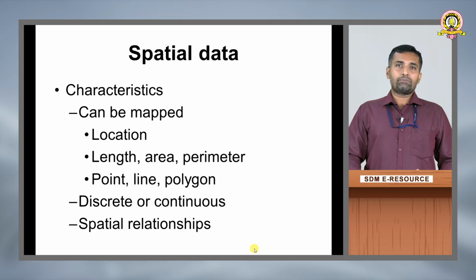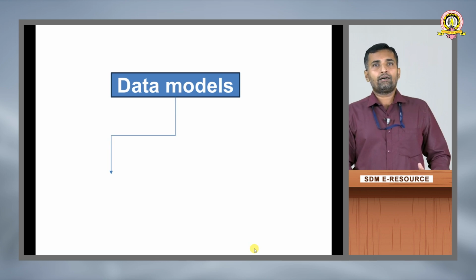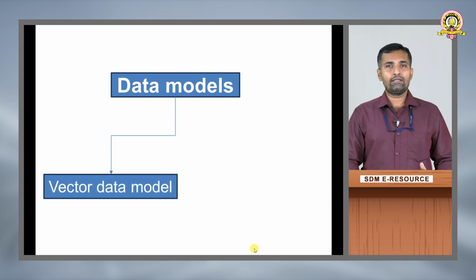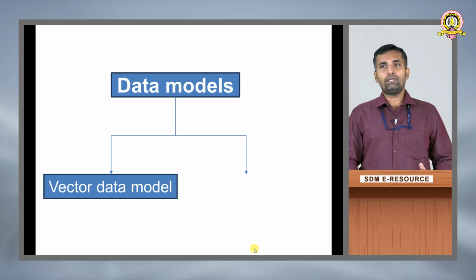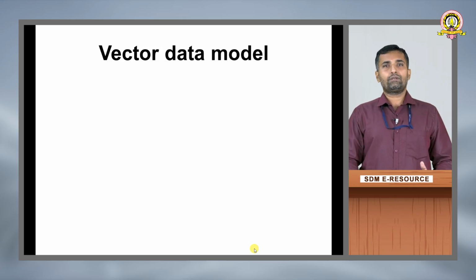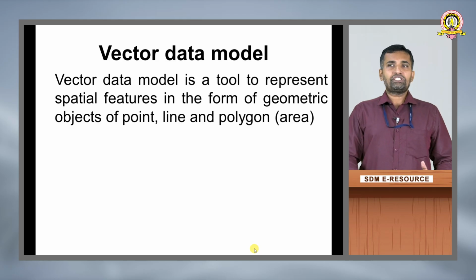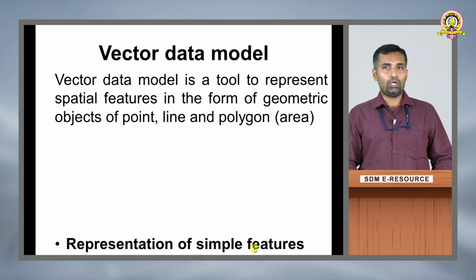Spatial relationships between 2 data. There are 2 data models: the vector data model and the raster data model. They are 2 important data models in the GIS. What is the vector data model? The vector data model is a tool to represent spatial features in the form of geometric objects of point, line or polygon.